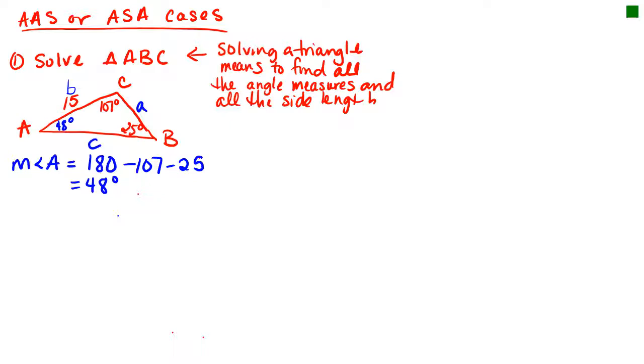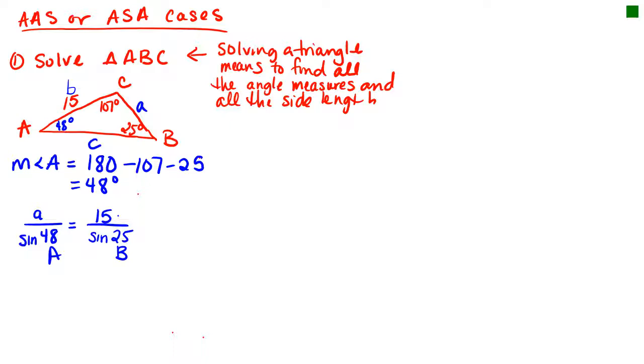I know that the sine of angle A, which is 48, over side A is the same as the sine of B, which is 25, over 15, which is side B. This is angle A and this is angle B. Side A goes under the sine of A, and the side opposite B goes under the sine of B.